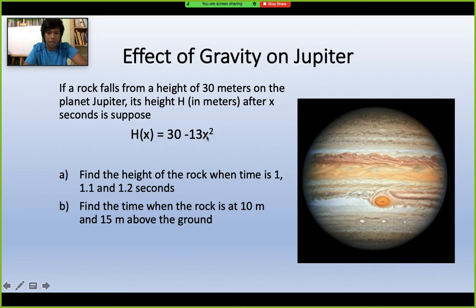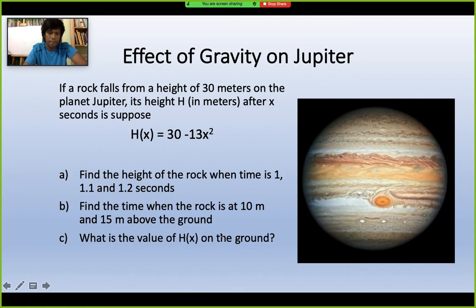That means x is the time here. You have to put this value here and do some calculation. And find the time when the rock is at 10 meter or 15 meter above the ground. That means you have to put the value of 10 and 15 here, then find out x equals to what. And as usual, what is the value of h of x on the ground.